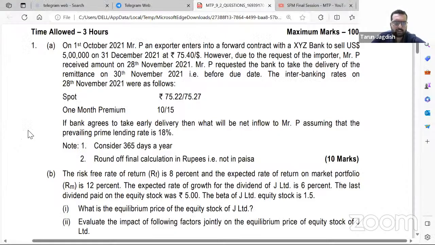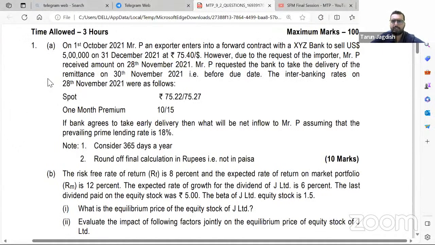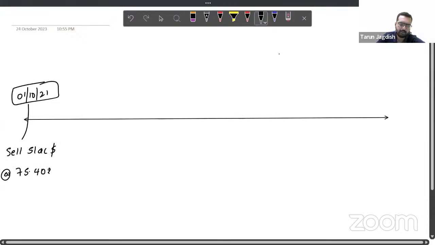What is the first date they have told? 1st October 2021. Okay. On 1st October 2021, this fellow has entered into a forward contract to sell. Exporter means sell $5 lakh at 75.4. Okay, that's the first date.